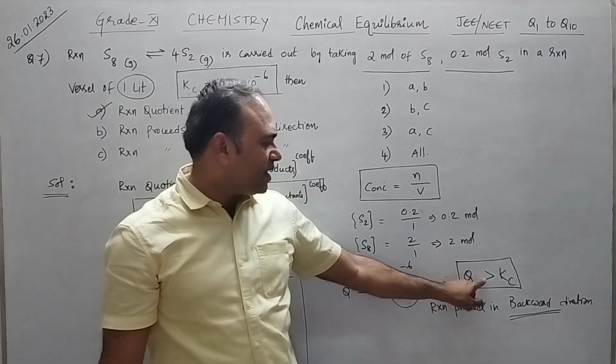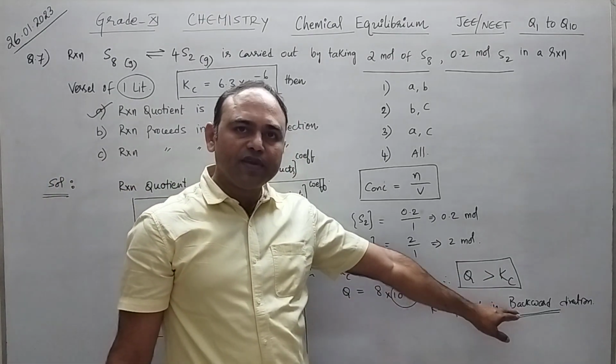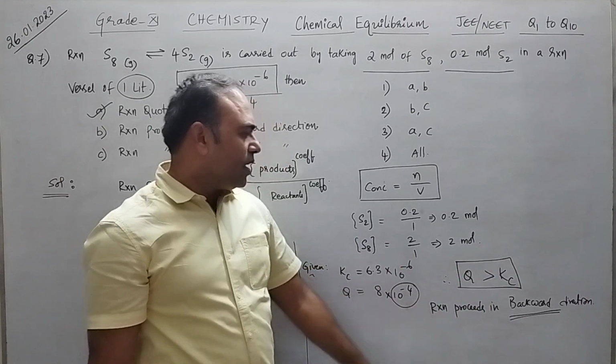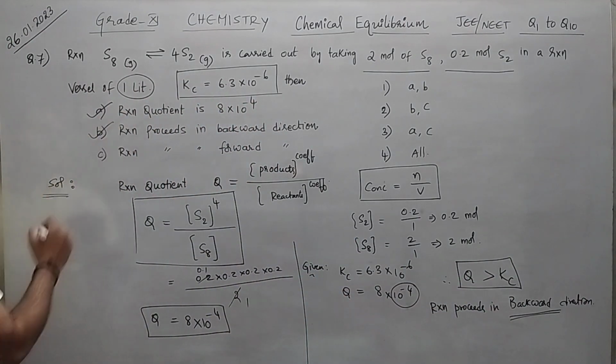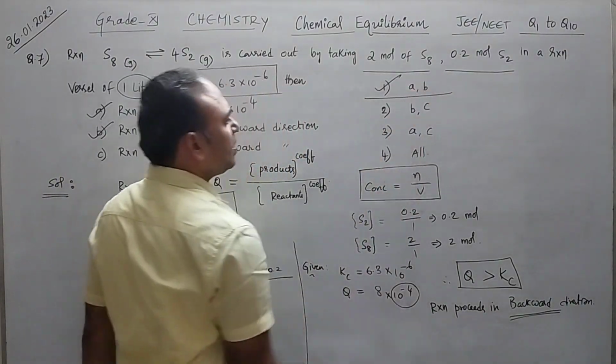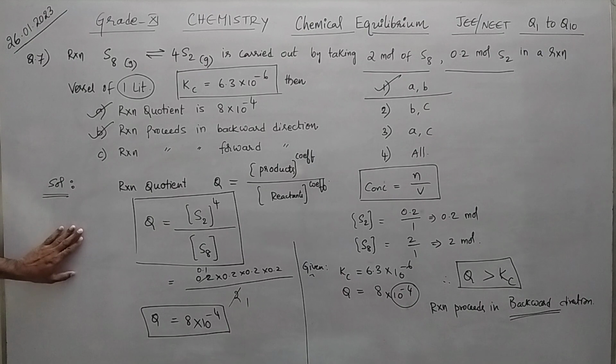If Q is less than Kc, it will be in the forward direction. But in this condition, because Q is greater than Kc, it will move in the backward direction. So what will be your answer? Both A and B. Hence option 1 is correct. So copy the solution, very simple. Hope you have understood question number 7. Let's move to question number 8.